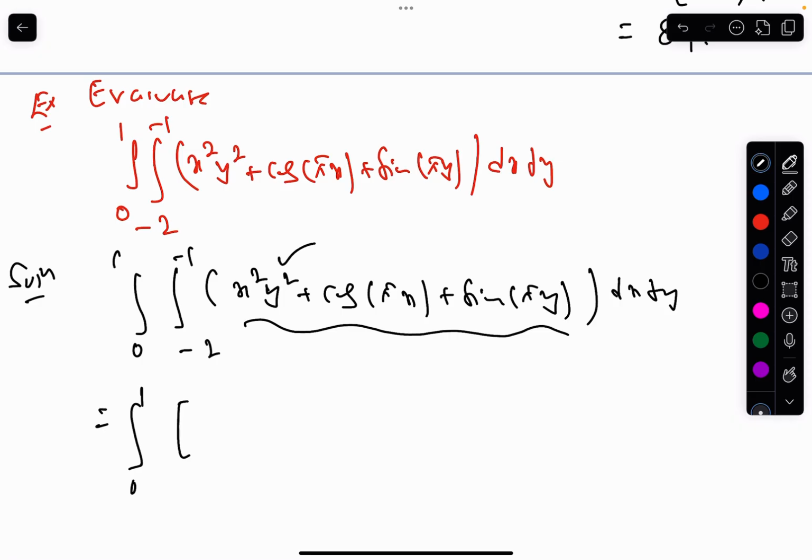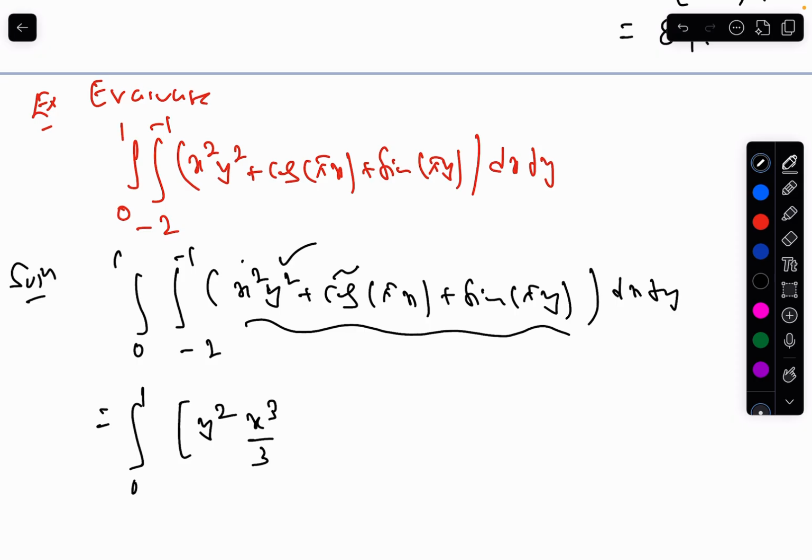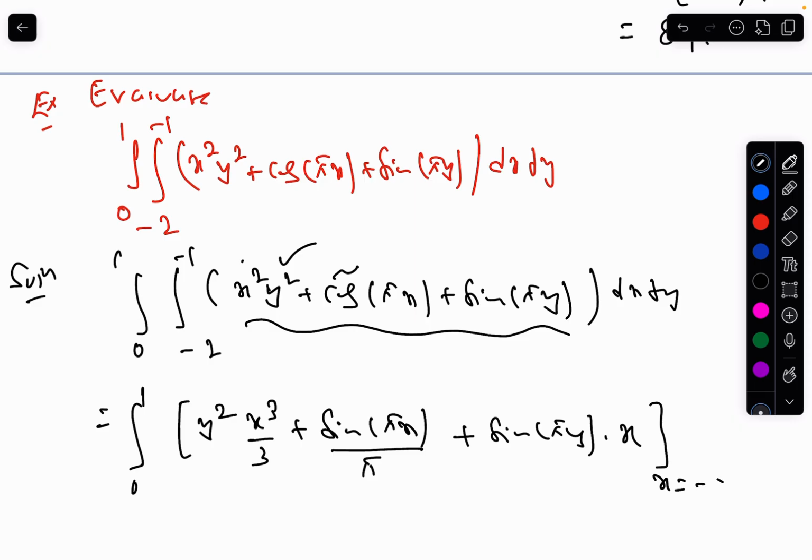So then y constant, integration with respect to x gives x cubed by 3, then integration of cos is sine pi x, and divide by the derivative of pi x, which is pi, plus sine pi y is constant, its integration is x, and x is from -2 to -1.